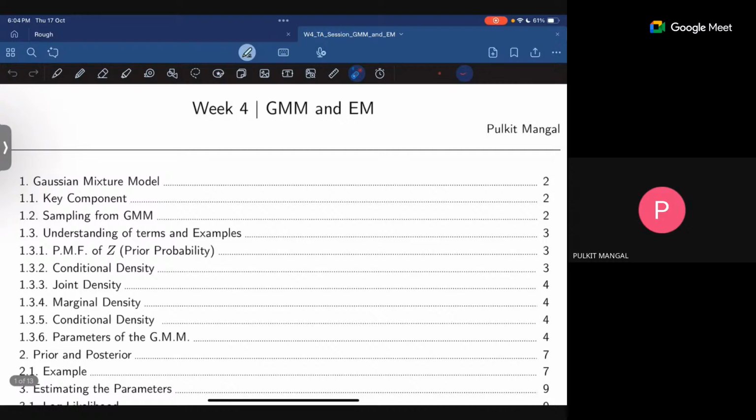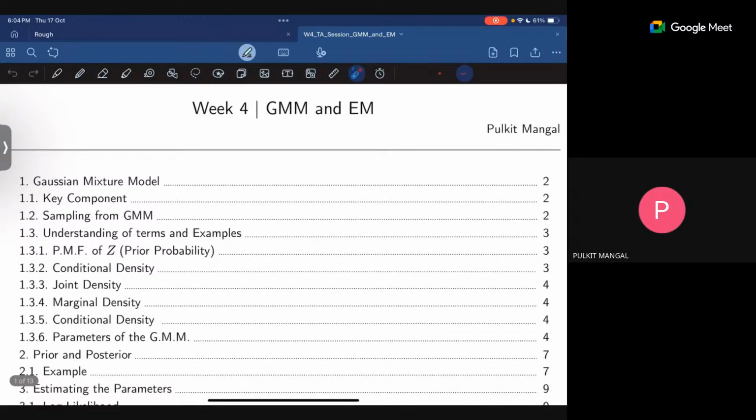Okay, thanks. So today's agenda for our session would focus on the Gaussian mixture model and the maximum likelihood estimation, the expectation maximization algorithm.